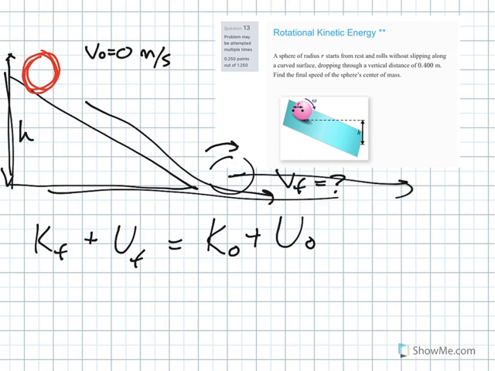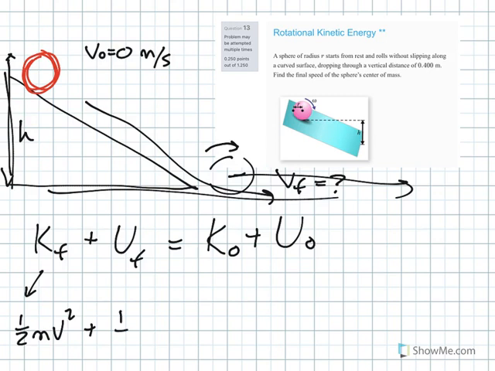At the bottom, it is both translating and rolling. So there are two kinds of K final now. There is good old 1/2 mv squared, but it also has rotational kinetic energy, the rotational analog of 1/2 mv squared.